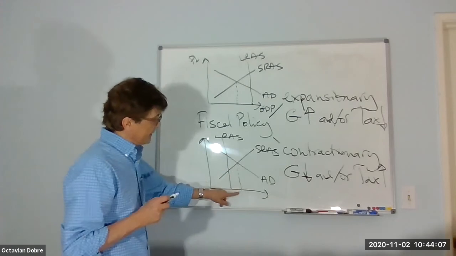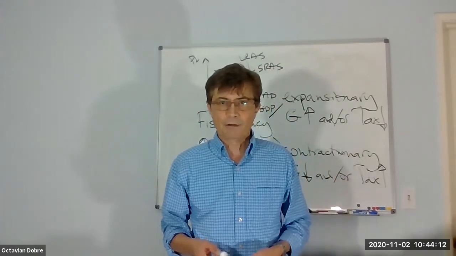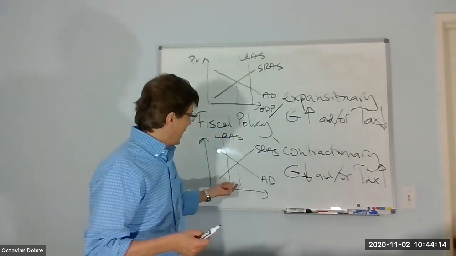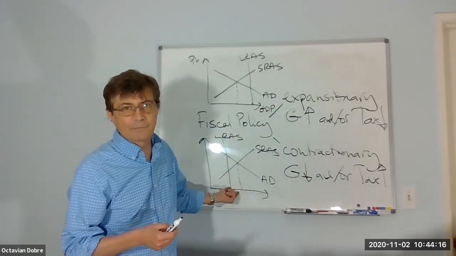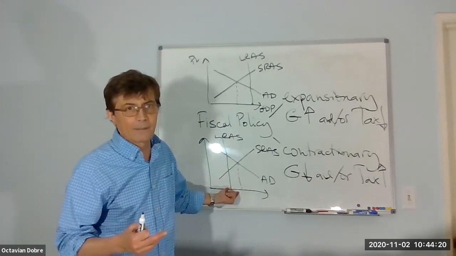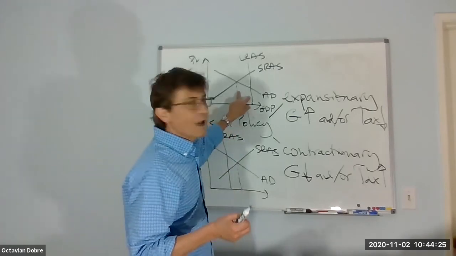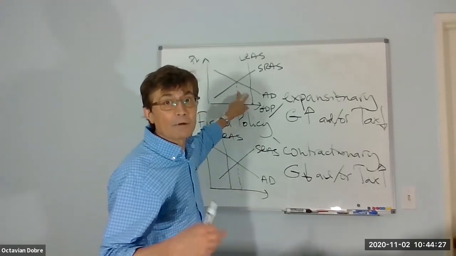Now, as you can see, the economy is actually operating beyond full employment. So here we have an inflationary gap or an expansionary gap. Either word is fine. Here we have a contractionary or a recessionary gap.